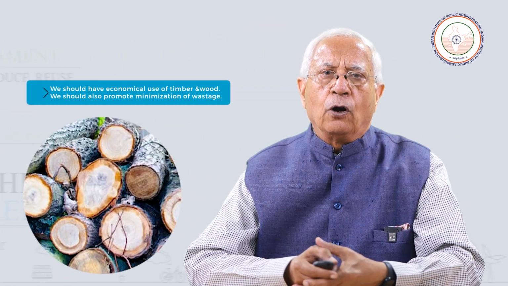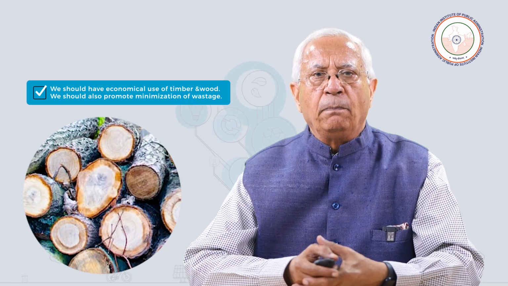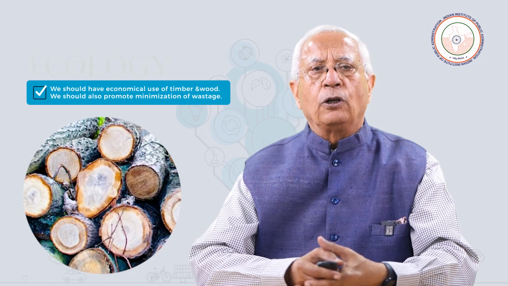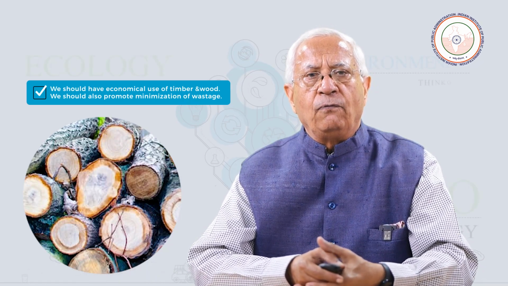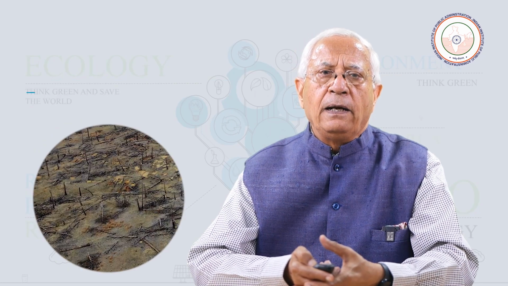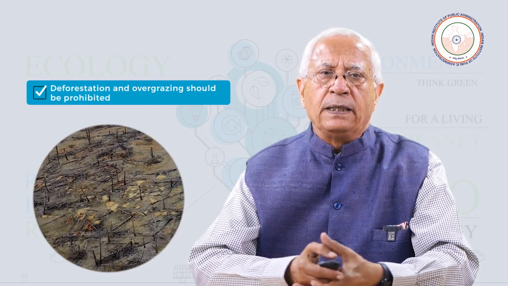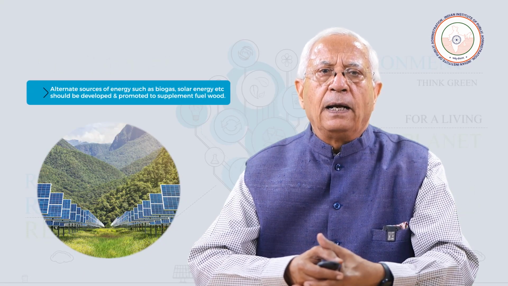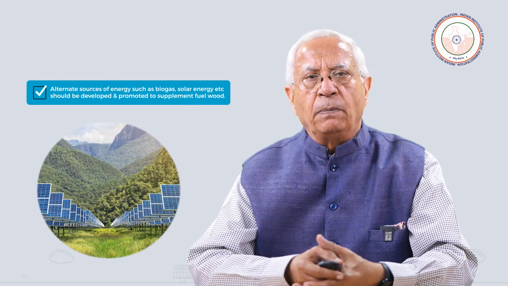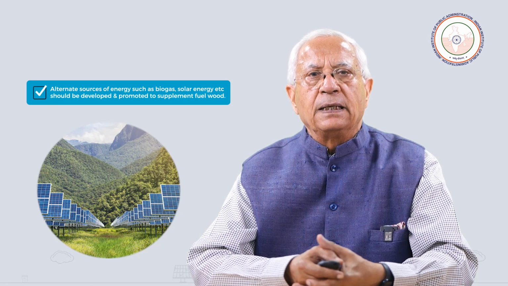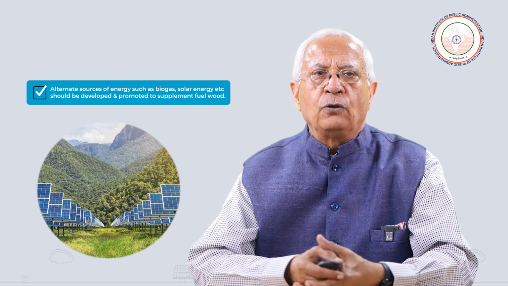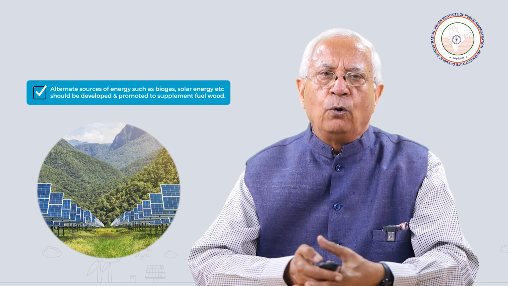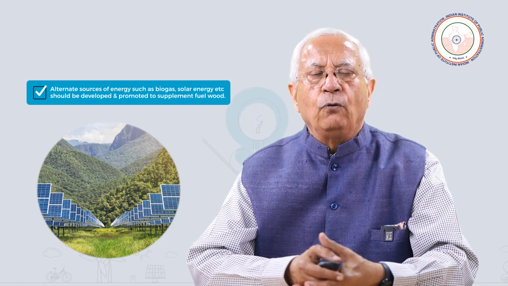We should have economical use of timber and wood. We should also promote minimization of wastage. Secondly, deforestation and overgrazing should be prohibited. Thirdly, alternate sources of energy such as biomass, biogas, solar energy, etc. should be developed and promoted to supplement fuel wood.